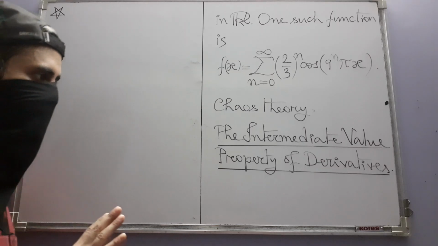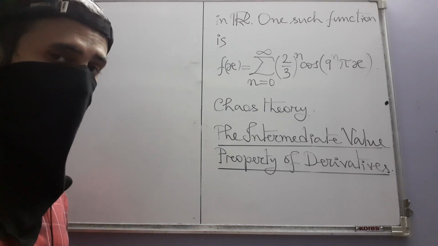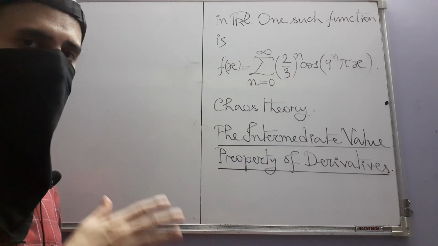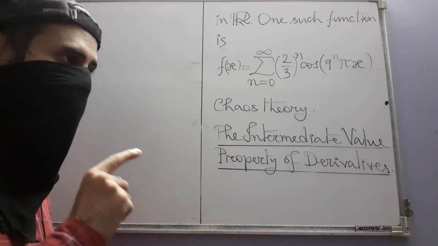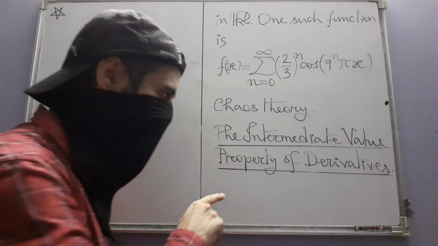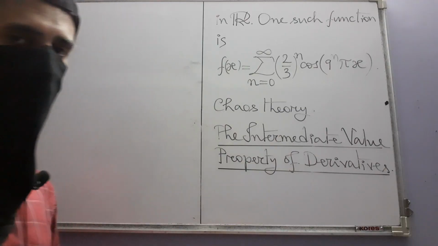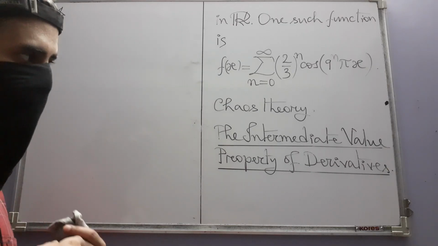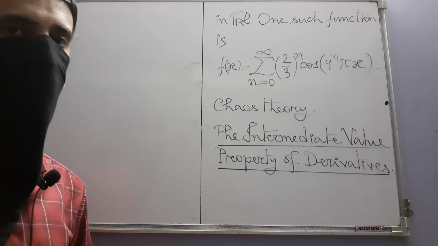However, while discussing the completeness property, it was mentioned that this is somewhat too advanced for this level. Actually, that is the property which is responsible for many of these things, which in fact is behind everything in calculus.